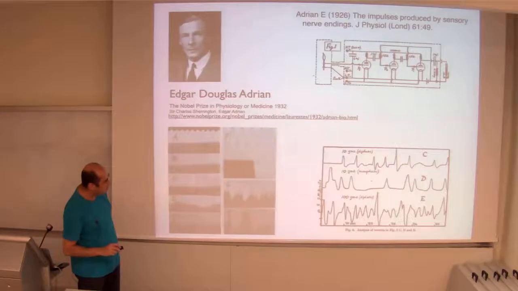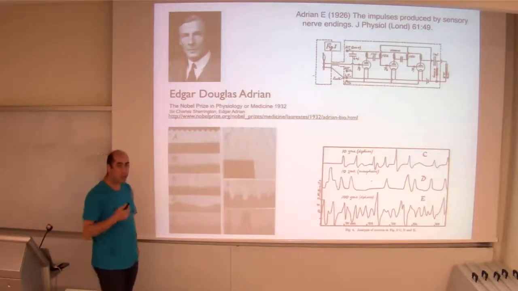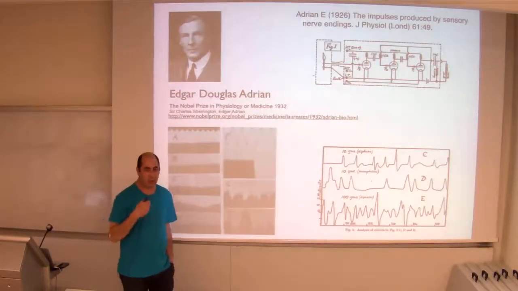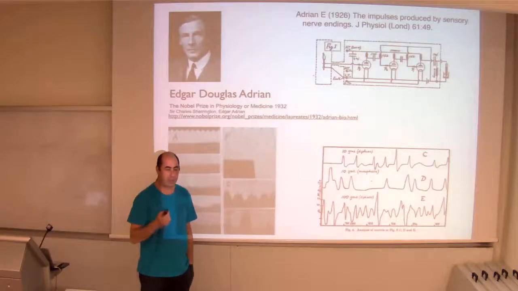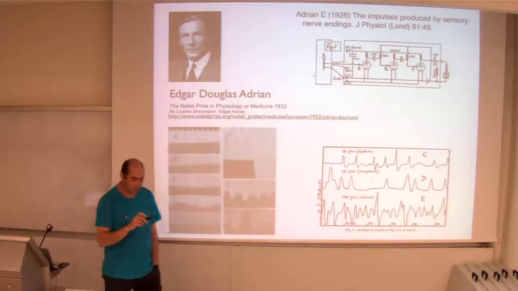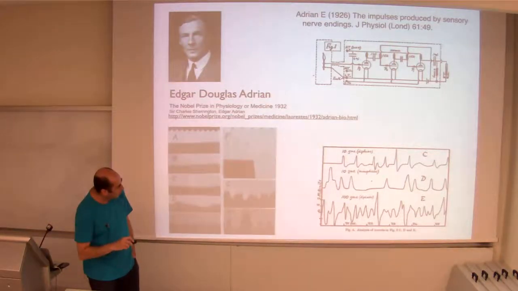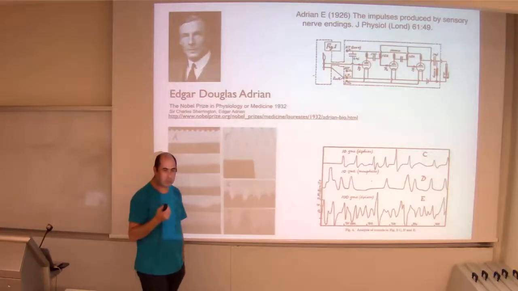Okay, and what he found out, and I never actually understood how he did that, is that the nerve is actually an all or none phenomenon. So it's conducting something that is all or none. And you can see it here in a way, but it's not so easy. You can also see it somehow here. The idea is that you have these bursts of spikes, but we know that it's not one axon.